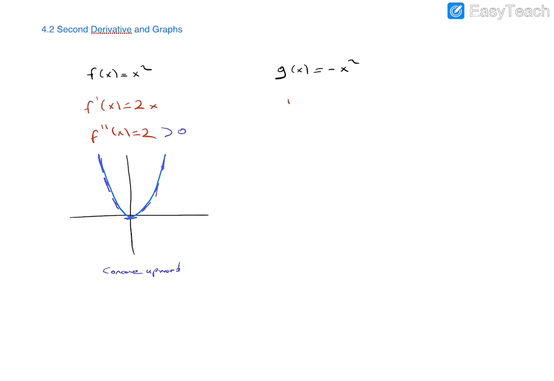Now when the second derivative is negative: here, the first derivative is minus 2x, and the second derivative is minus 2. As you see, that is less than 0. So the graph of minus x squared is this one. Now the derivative of f is here.